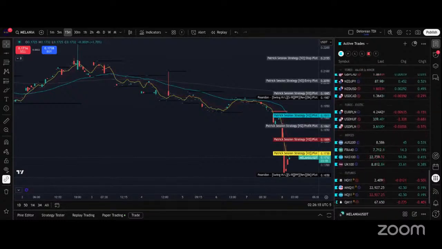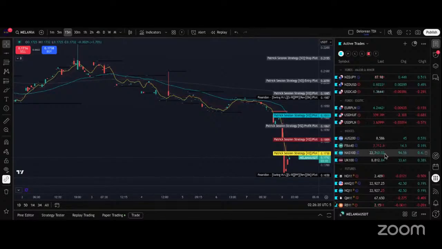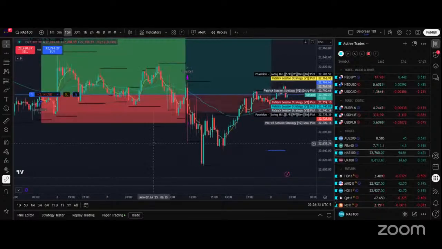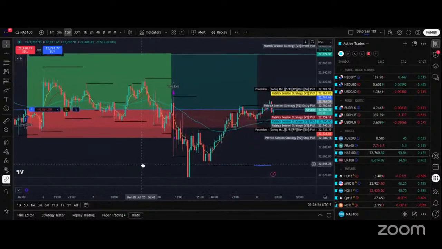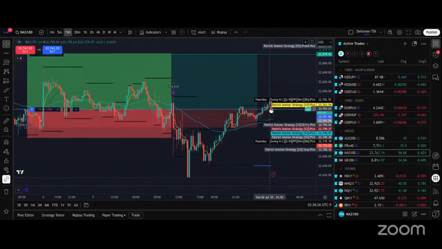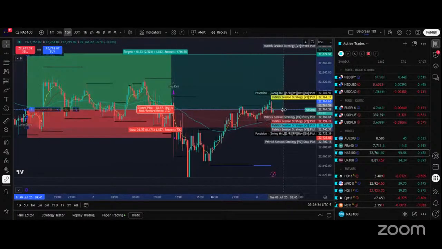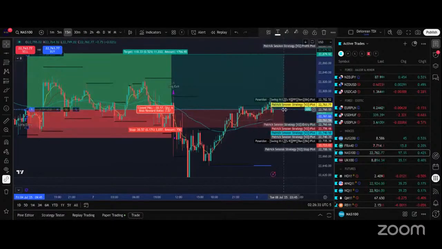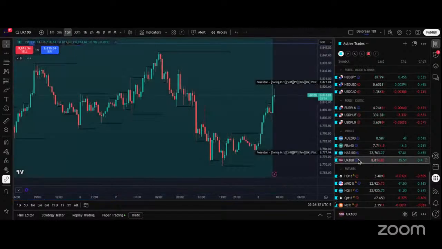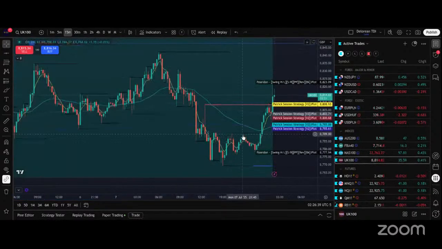We do have some other ones that are interesting. NASDAQ 100 hit stop loss last night, but now it's back in territory where it's kind of climbing up. So that may go back and hit the original take profit. I wouldn't be surprised if it did. Our trade on UK 100 is still in profit.